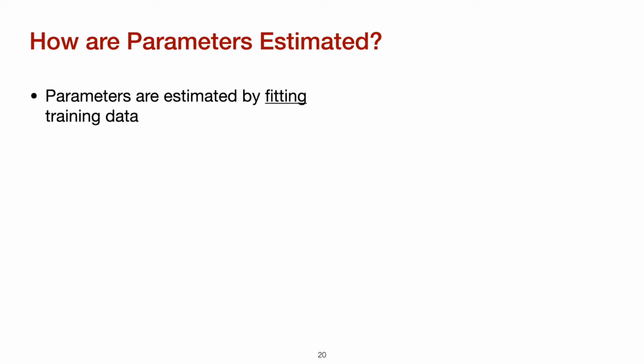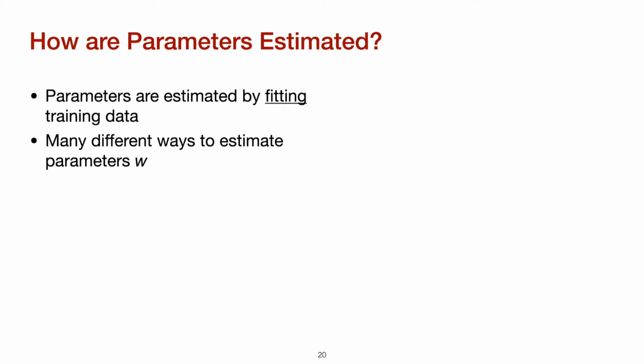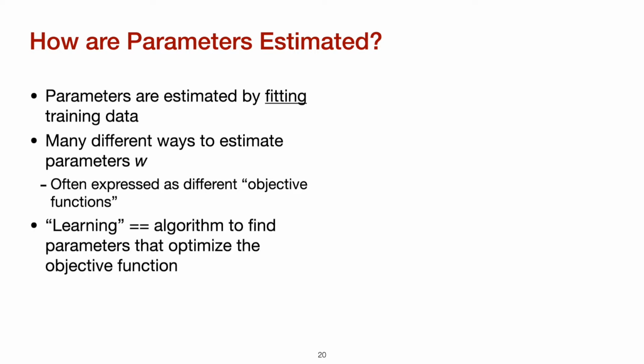So how do we actually fit models in this case? How do we estimate these parameters? There are a bunch of different ways to do this. Generally what we have is some objective function here, and this idea of learning is using some method to find parameters that optimize this objective function.